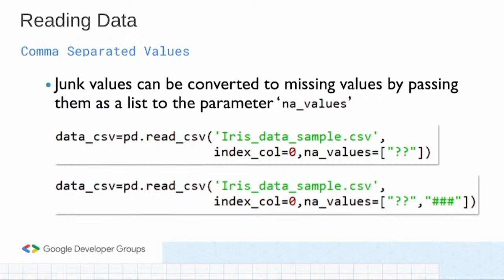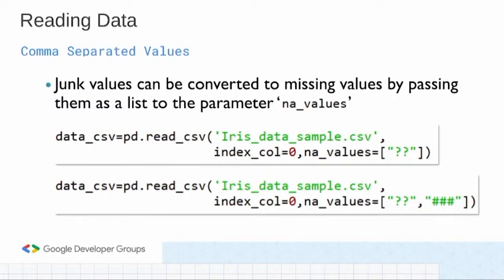If there are any question marks in the data frame, it converts those question marks to NaN values. So I have included the na_values argument, and inside the square brackets I have given the question mark. Once I read this, I will be able to get rid of all the question marks, and they will be converted to NaN values.